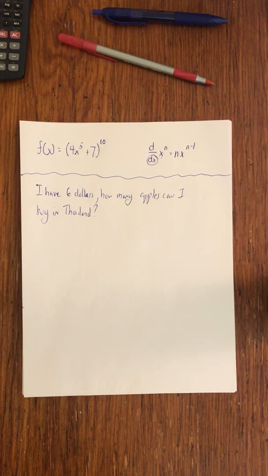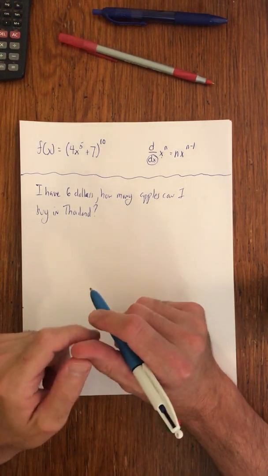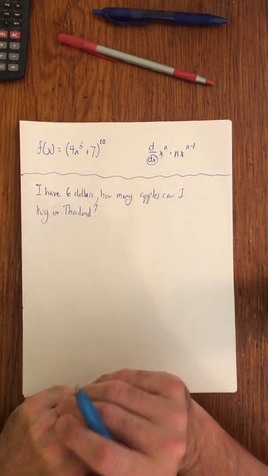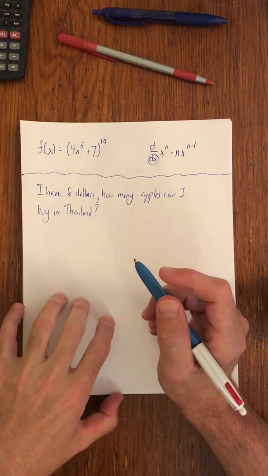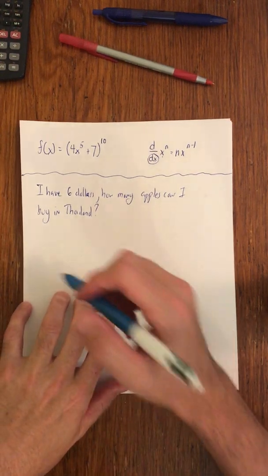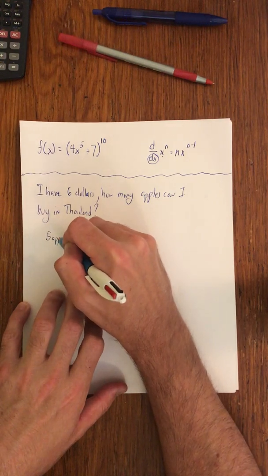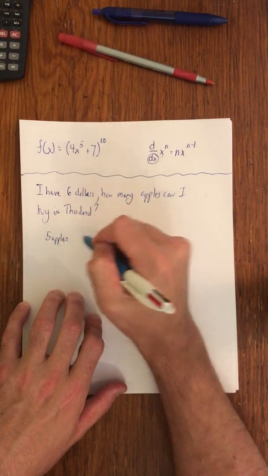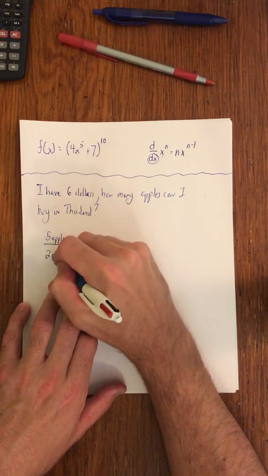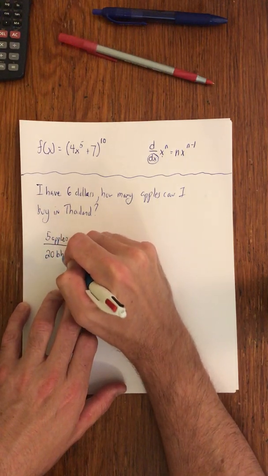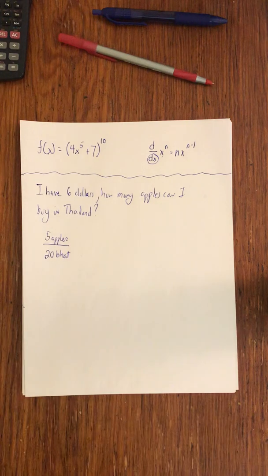So what information would I need in order to answer this question? Well, the first piece of information you need to know is, how much do apples cost in Thailand? Let's say in Thailand, you can get 5 apples for 20 baht, the baht being the currency of Thailand, right?